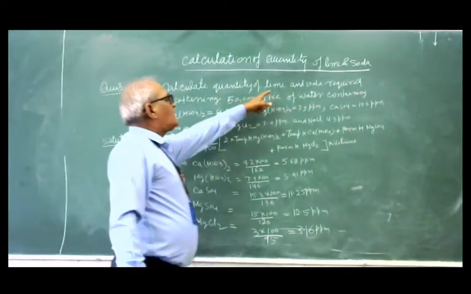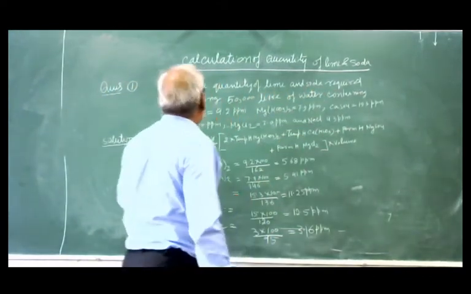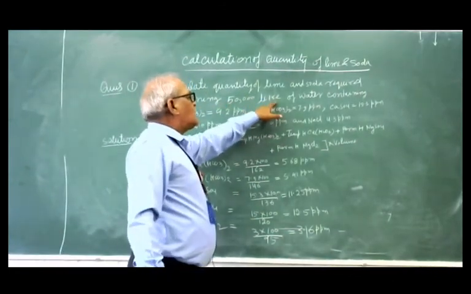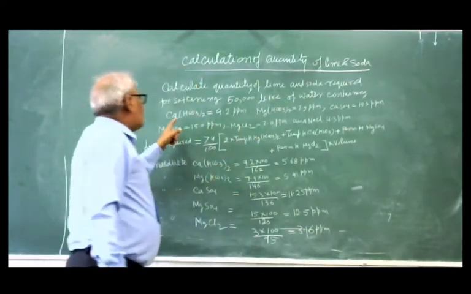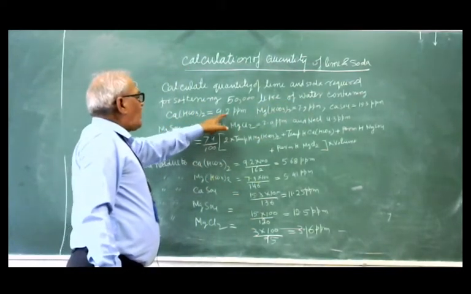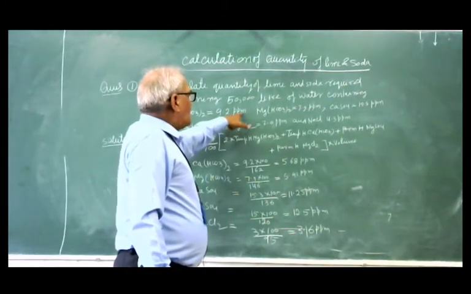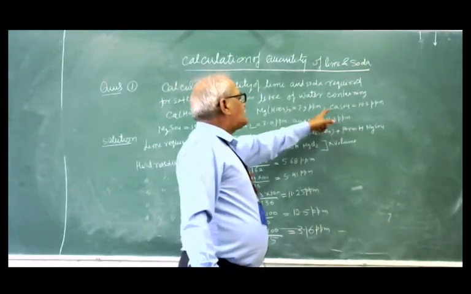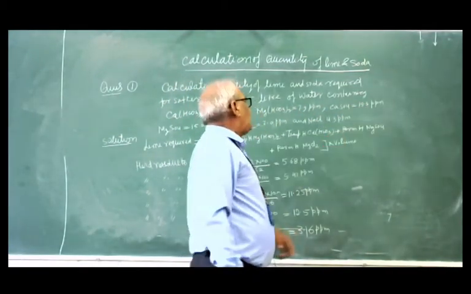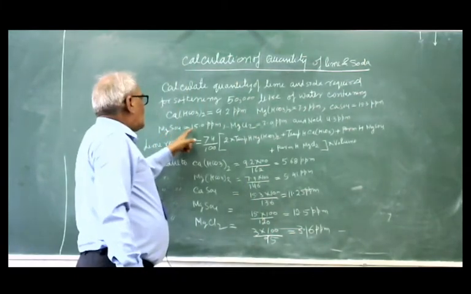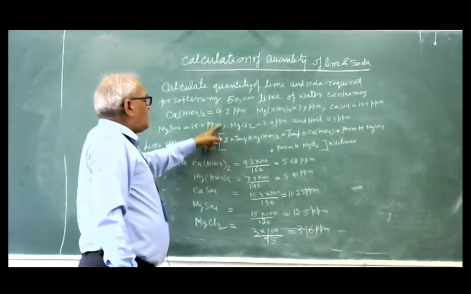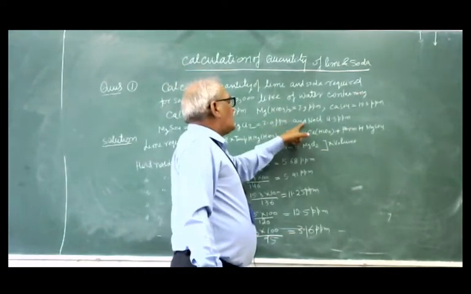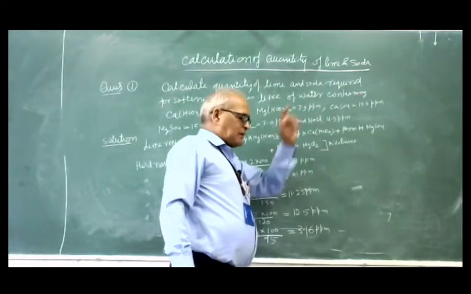Calculate quantity of lime and soda required for softening 50,000 liter of a water containing calcium bicarbonate 9.2 ppm, magnesium bicarbonate 7.9 ppm, calcium sulfate 15.3 ppm, magnesium sulfate 15.0 ppm, magnesium chloride 3.0 ppm, and sodium chloride 4.3 ppm.